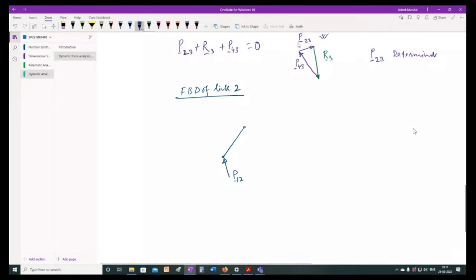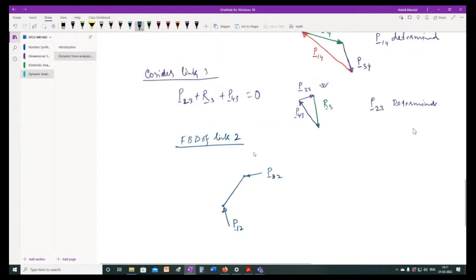Once we obtain this, the equal and opposite force will be acting here, which is P32. P23 is known to us, so P32 is also known to us.